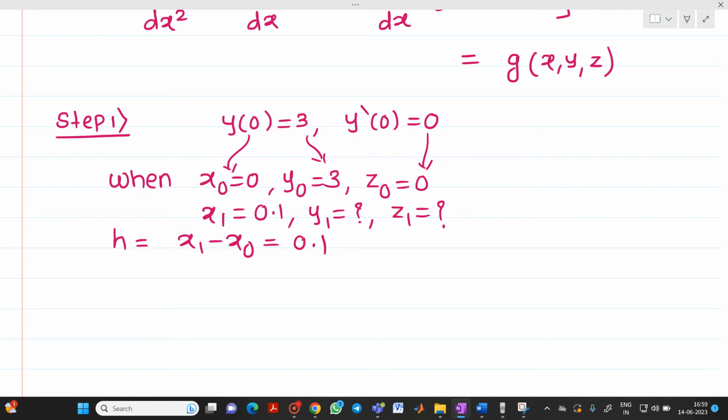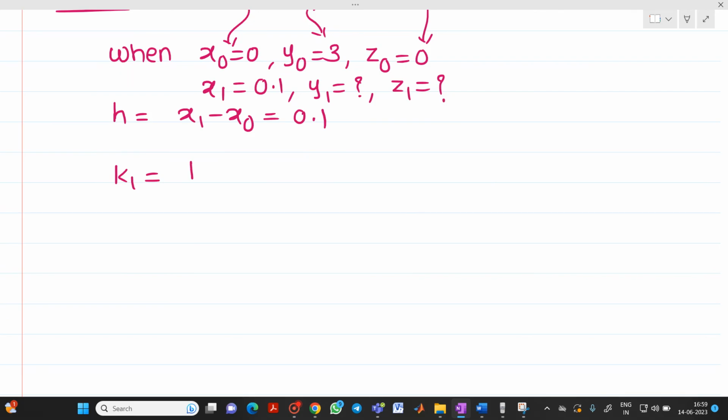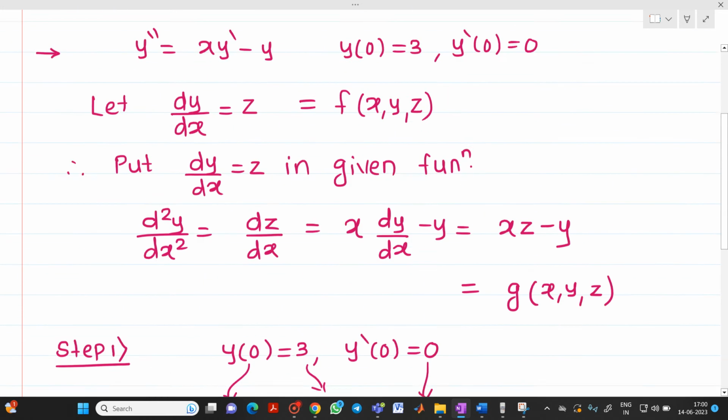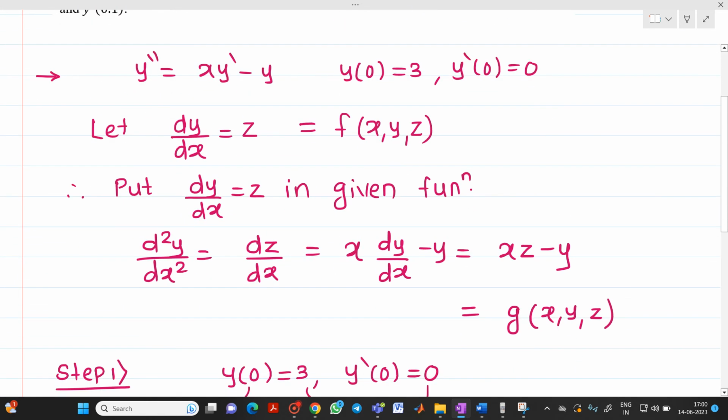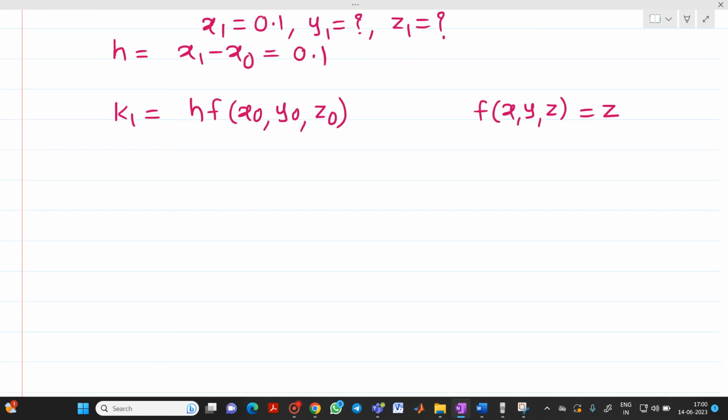Now let's take the first formula, k1. What is the formula of k1? Already we have gone through this: k1 equals h into f of x0 comma y0 comma z0. Please remember, we have already seen that f of x comma y comma z equals z. So k1 will be equal to h into f of z0.